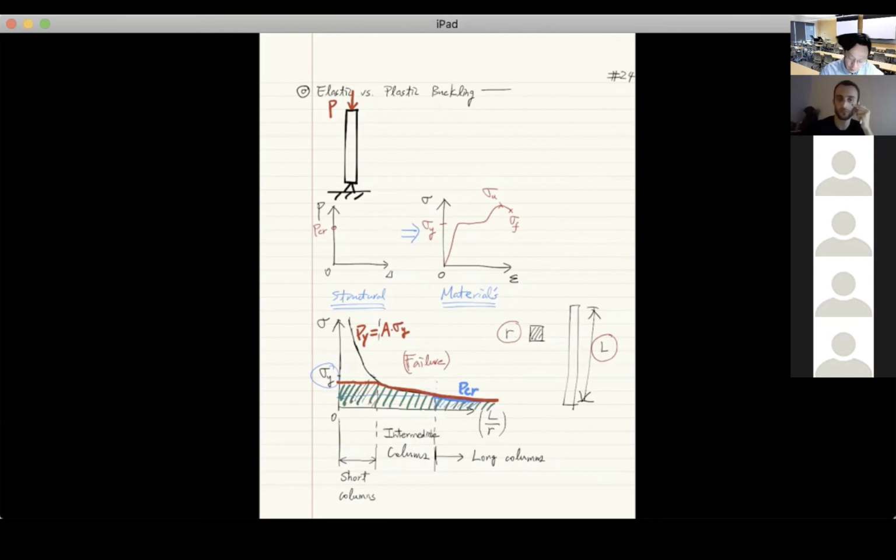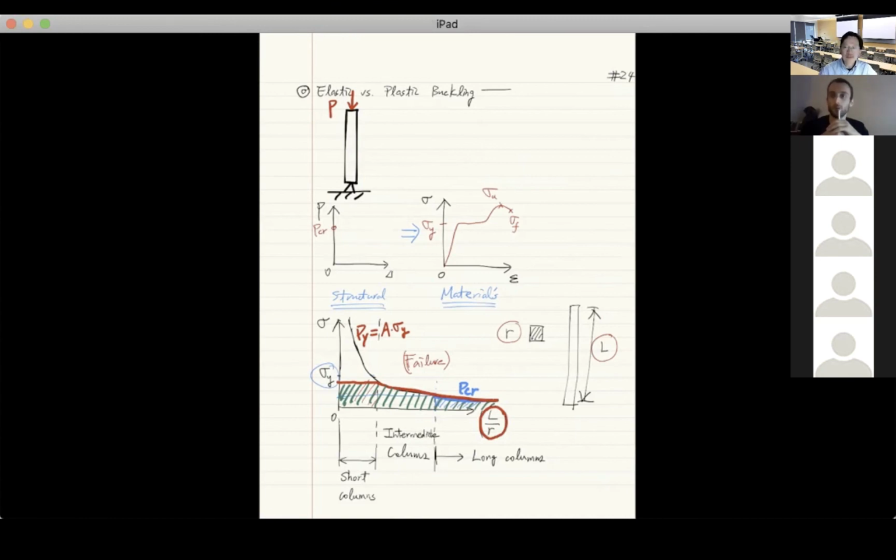And be careful here: even though I already fixed the cross-sectional area, in reality the cross-sectional area may change. So what always holds true here is not a rectangular cross-section, but the ratio between length and radius of gyration. This ratio is how we distinguish short columns from long columns. That's why it's in all those tables in the steel manual.